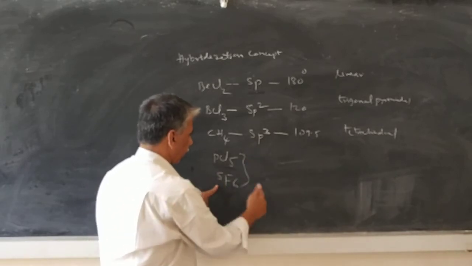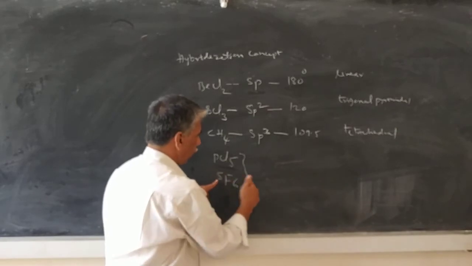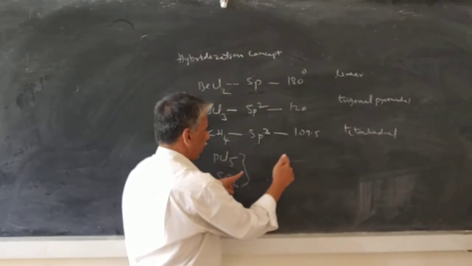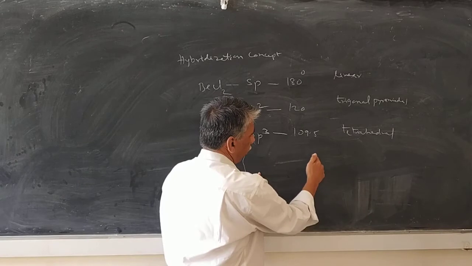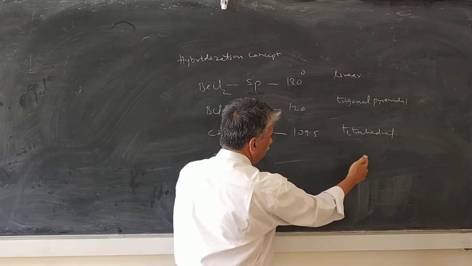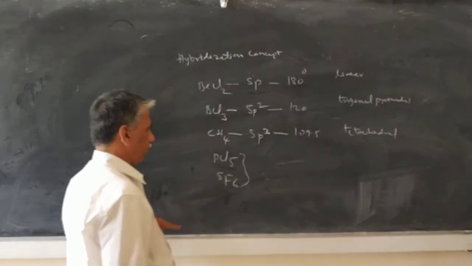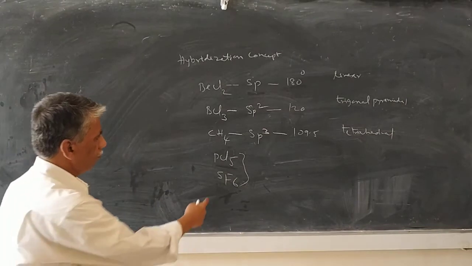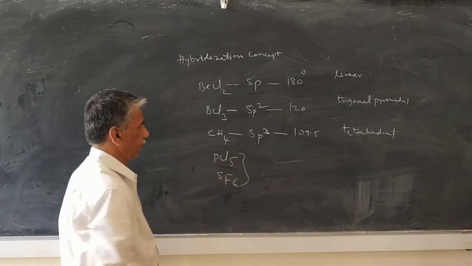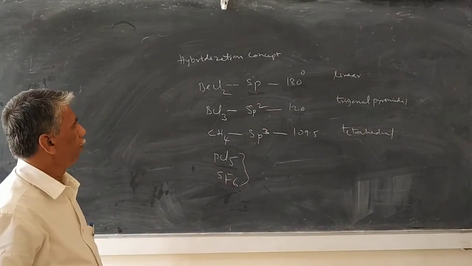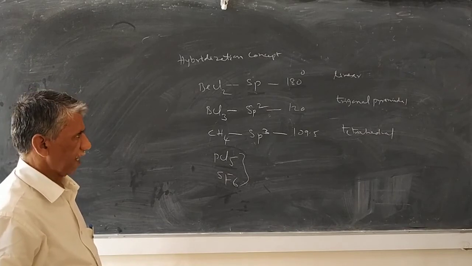You have to mention here what the hybridization is. Then you have to mention the bond angles. You have to mention the shape of the molecules. Okay, so these two are given for homework. Now we shall go for some more examples.